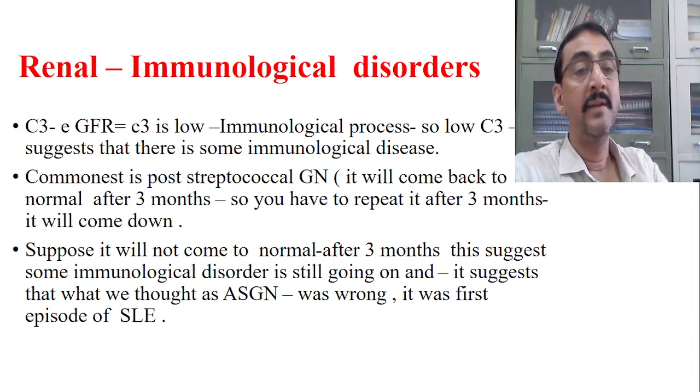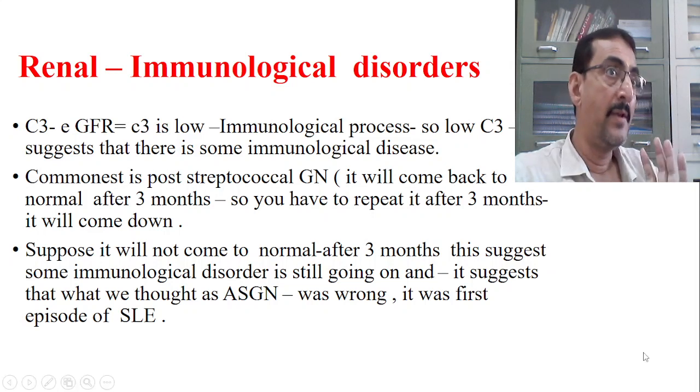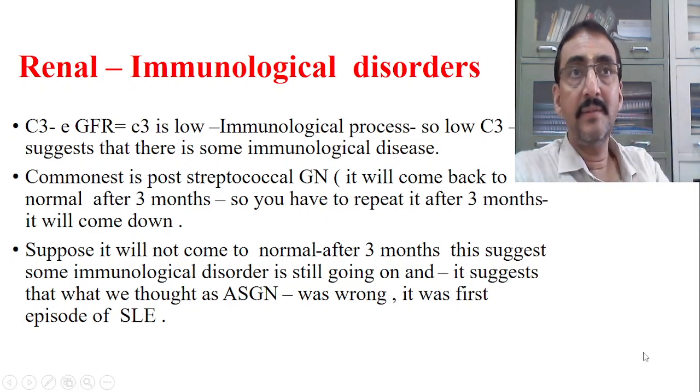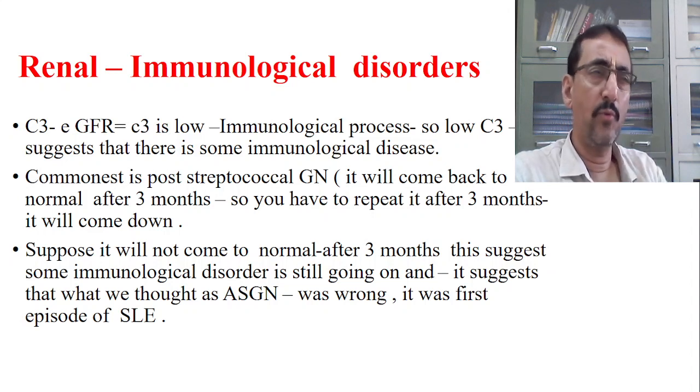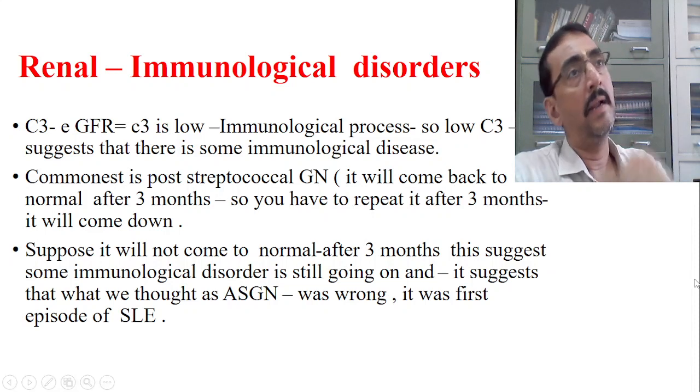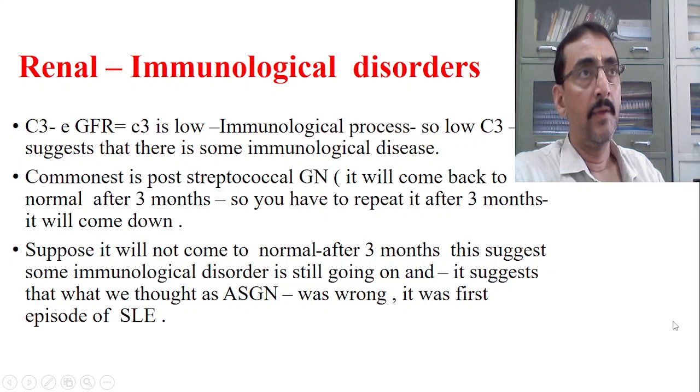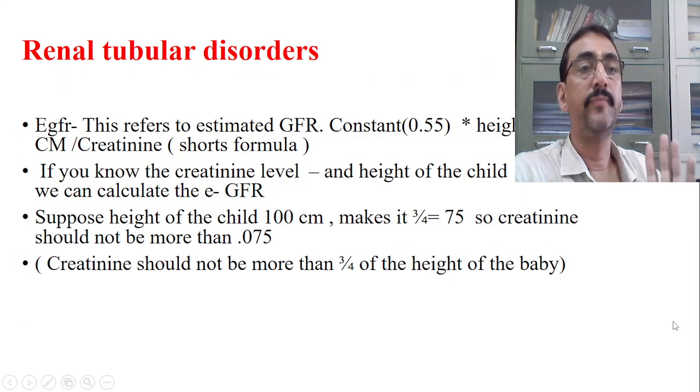It is nothing but some immunological disorder like SLE or IgA nephropathy, etc. So this is a very important thing. One more important aspect is immunological. Because if left unnoticed, immunological and autoimmune problems related to the kidney will later lead to chronic renal failure. So this has to be identified.